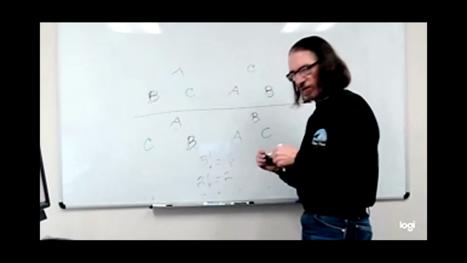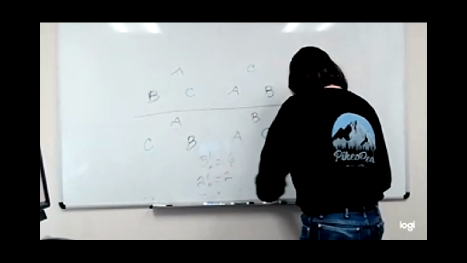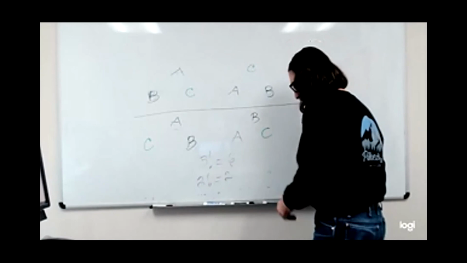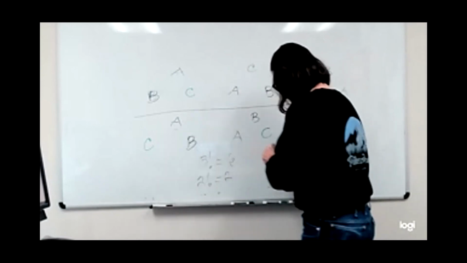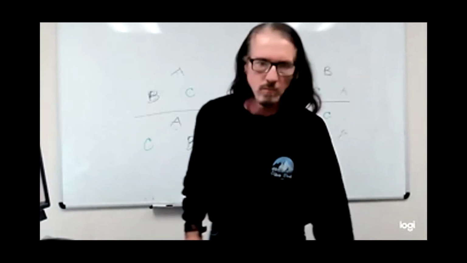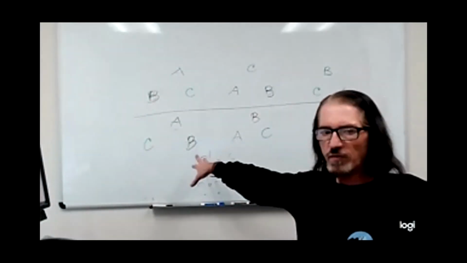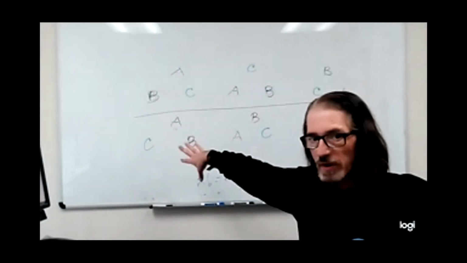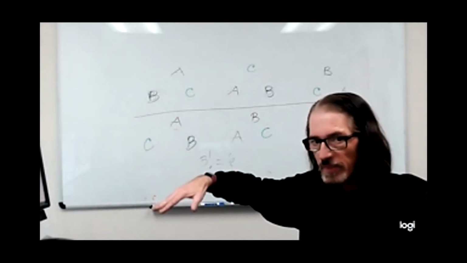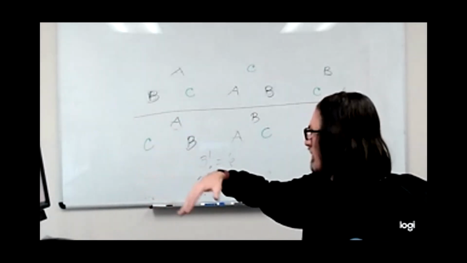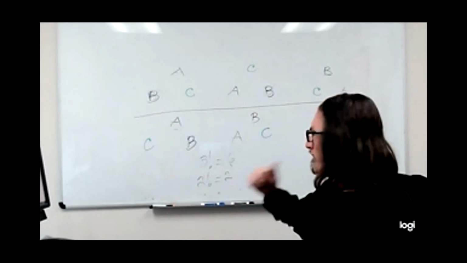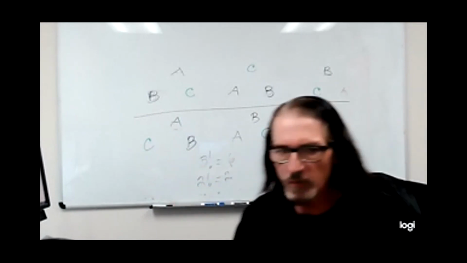To illustrate this a little bit further, it may not be the best animation, but give me a moment here. My claim is that if we have 4 things to arrange, but in a circle instead of a line, instead of 4 factorial equaling 24, we're going to have 3 factorial giving us 6.